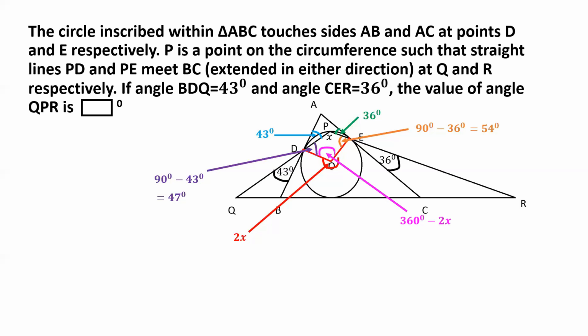We know that the reflex angle DOE is 2x, so that makes the other angle 360 minus 2x.